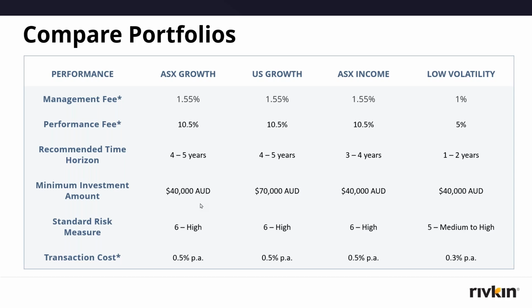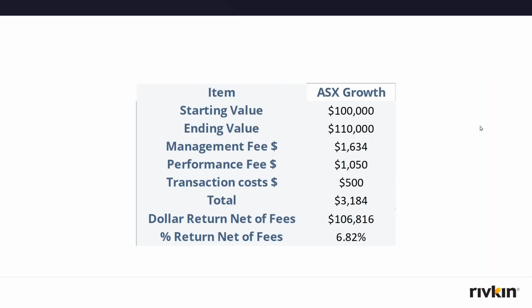And then estimated transaction costs based on turnover and trades and brokerage is around 0.5% per annum on ASX Growth, US Growth, and ASX Income. And low volatility, much less actively managed, a lot less trades going on, is estimated around 0.3% per annum.